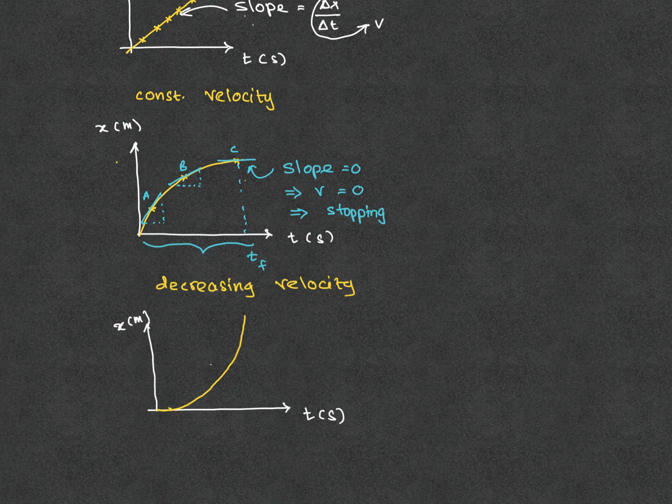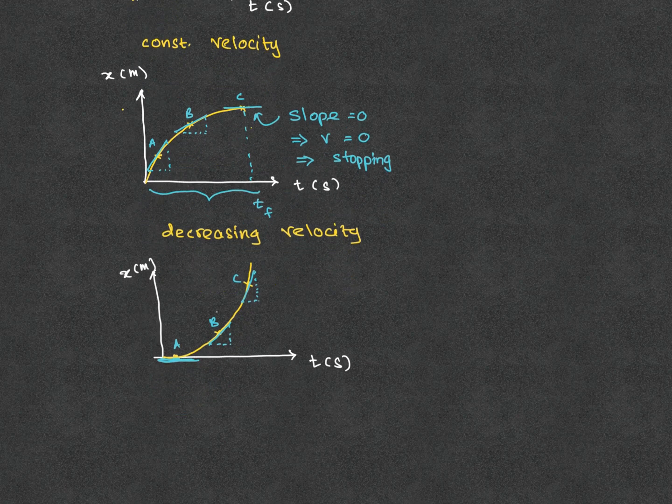So you can pick one point at the beginning, another point and another point, and you can draw the tangent lines just like that. And if you want to draw the right triangles to find the slopes, you can go ahead and do that. So you can call these A, B and C like earlier, just like what we did in the previous case.